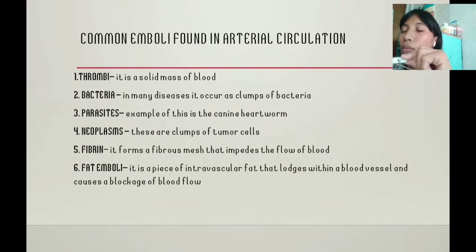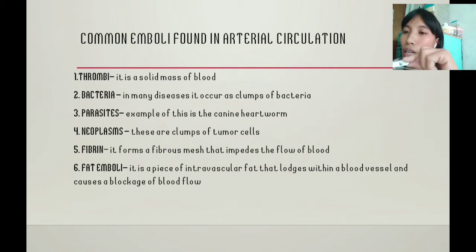Number five is fibrin. It forms a fibrous mesh that impedes the flow of blood. Number six is fat emboli. This occurs when there is a fracture in the long bones, which will cause the release of fatty marrow that includes fat globules inside the circulation.